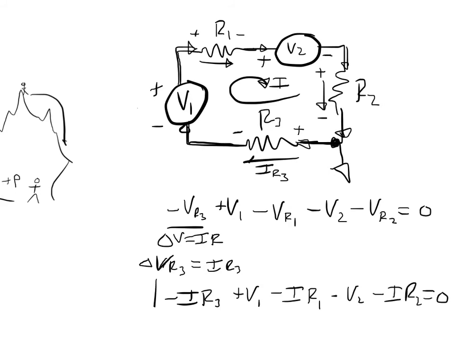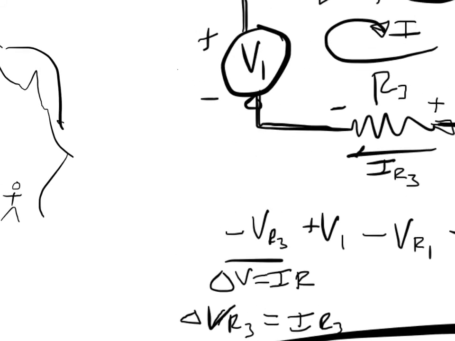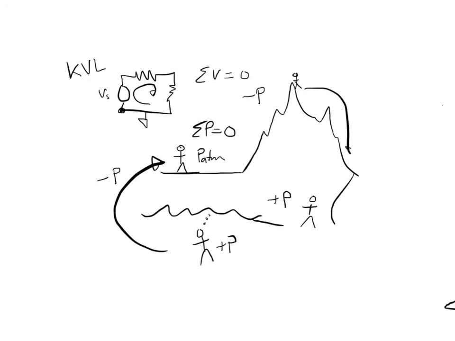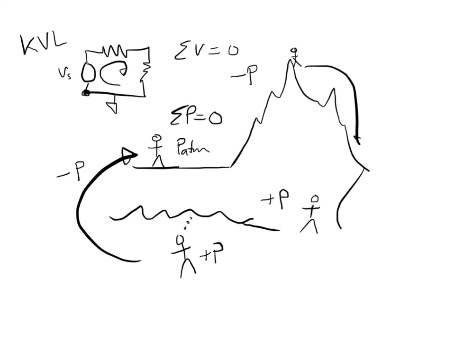Now, with this equation, we can simply rearrange it, and if we know V1, V2, and R1, R2, and R3, we can rearrange it and solve for our current I. So again, I hope you can remember that the sum of voltages around a path, once we get back to the original point, should be equal to 0.